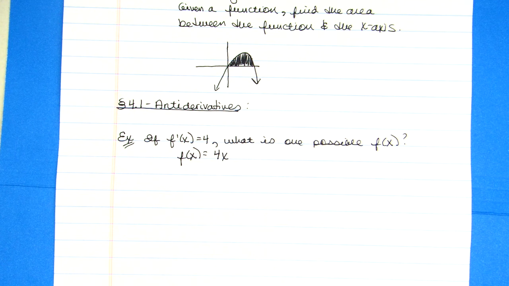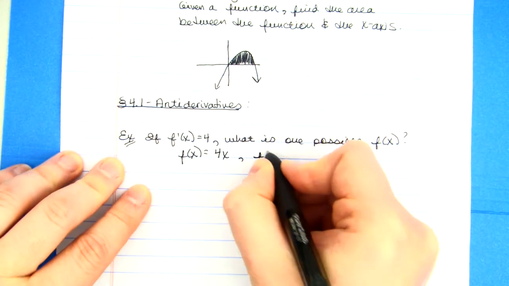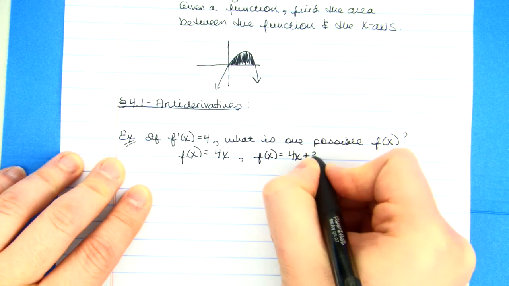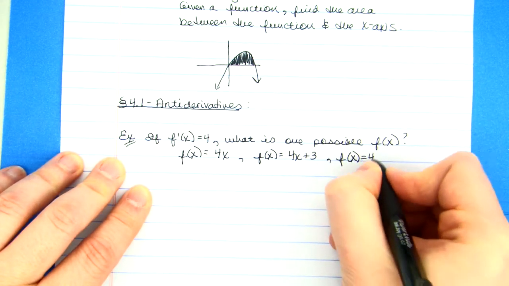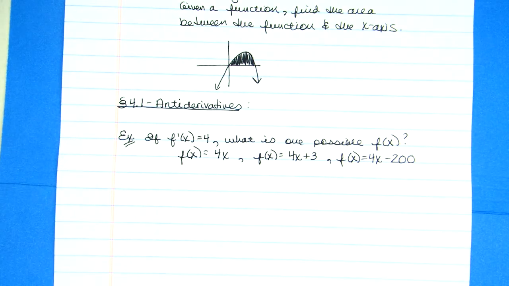Could you give me another function whose derivative is 4? Not totally sure what you said, but maybe something like 4x plus 3? Or maybe you said something like f of x equals 4x minus 200? I don't know. Maybe you didn't pick that one.